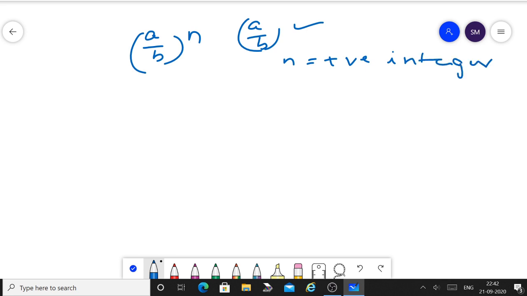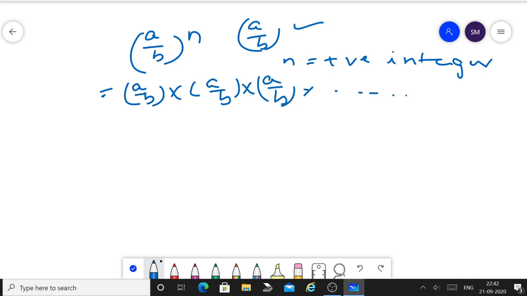Then a upon b to the power n. What do you mean by this? It means a by b into a by b into a by b, up to n times.